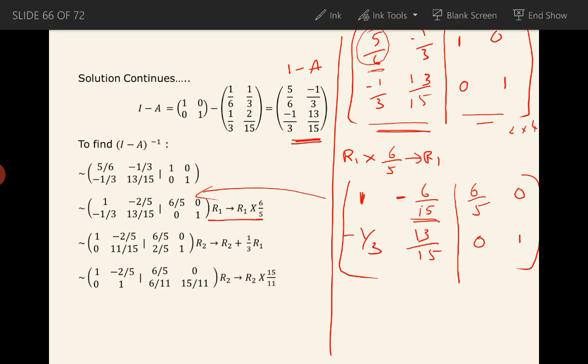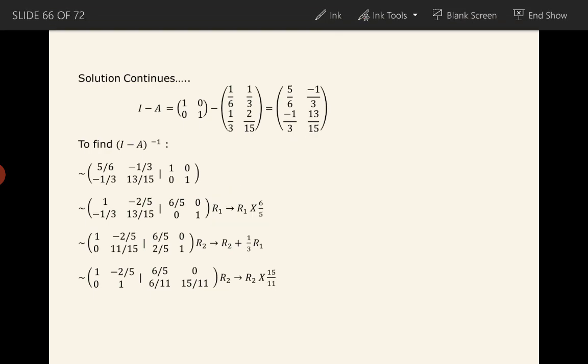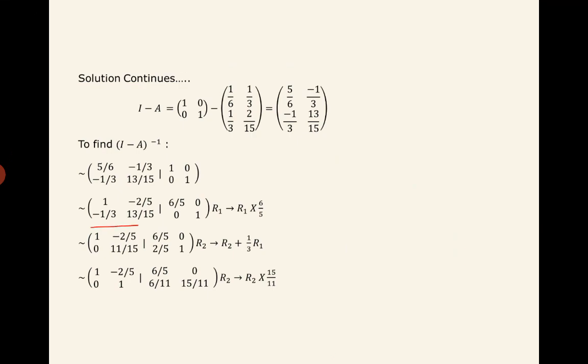And the next step, from this matrix we have to move ahead. The first element is a leading element, and now the element below it in this column should be 0. So how to write the formula? We are looking at row 2. Start from row 2, and since it is negative, add 1 over 3 times R1.